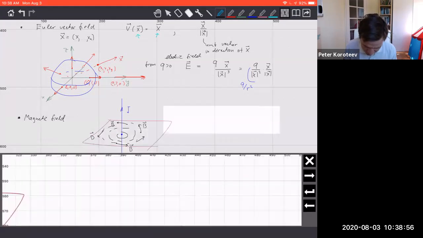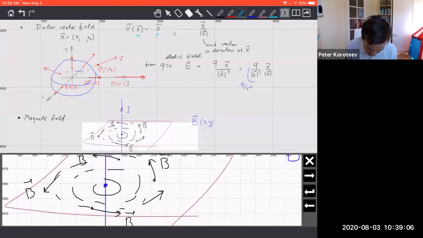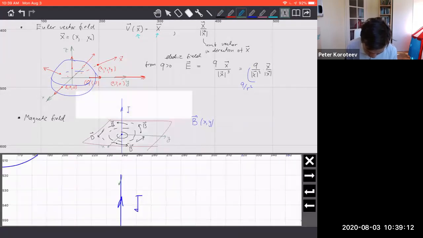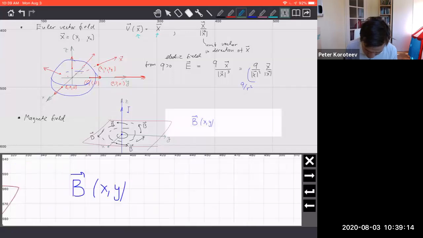So let's not try to figure out the coefficient now, but let's just try to write the formula. B now is a vector field in the x and y plane, which is here. So how can we write it down?